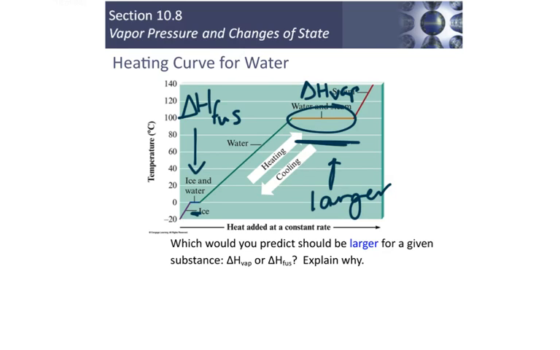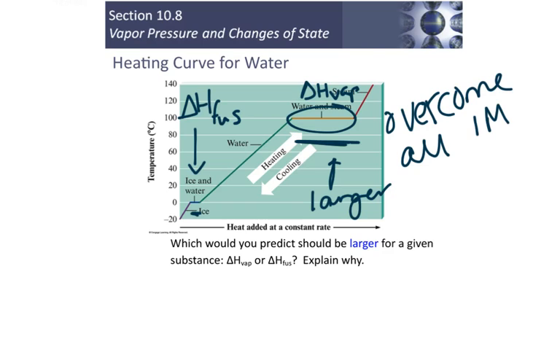When you go from a liquid to a gas, you have to overcome all the IMFs. Because those molecules are even more spread apart, like there's barely any attraction. So you have to add so much energy that they overcome all of their intermolecular forces. So the answer would be delta H vaporization, and the reason why is what we just said.